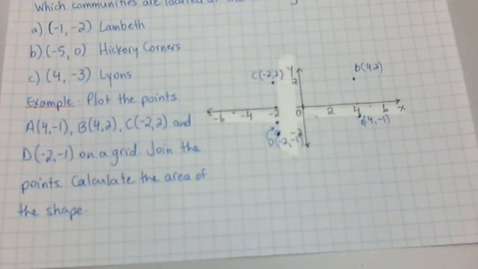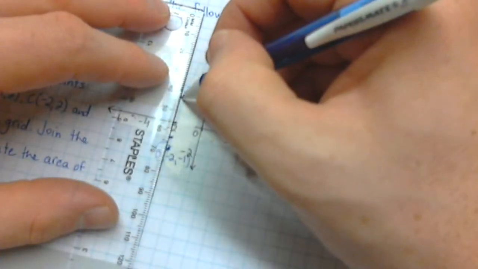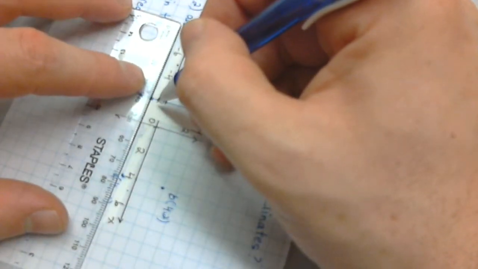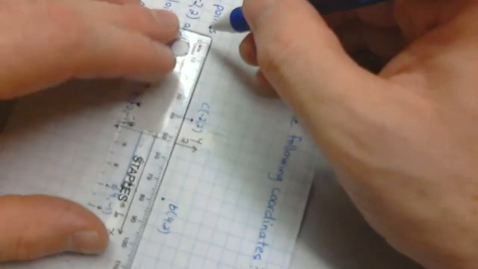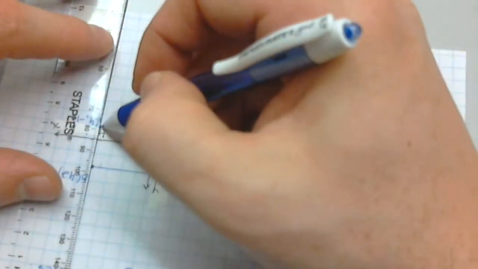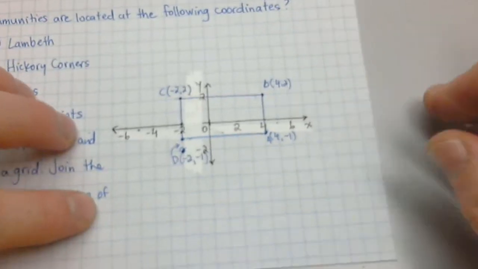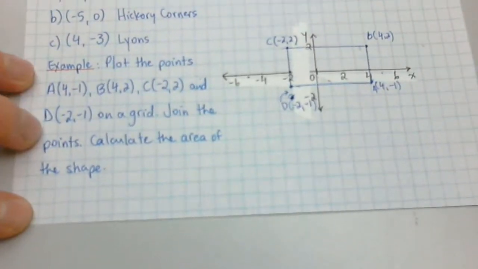There we go. D should actually be right there. There we go. The next thing I need to do is I need to join the points together using my ruler and writing device. And so the shape I've made is a rectangle, obviously.